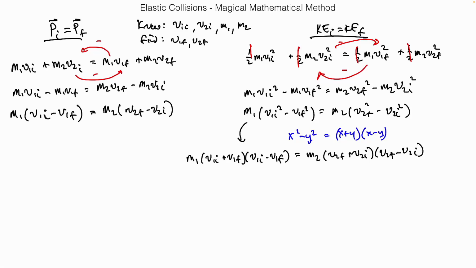Here's where the real magic happens. Did you know that you can divide equations into each other? For some people, this comes as a new idea. You can form ratios of equations and the equalities remain the same.